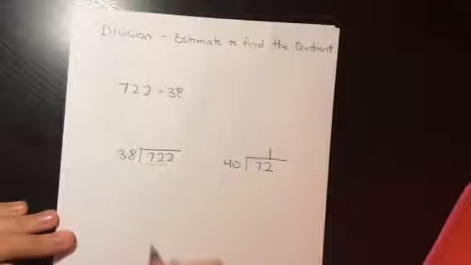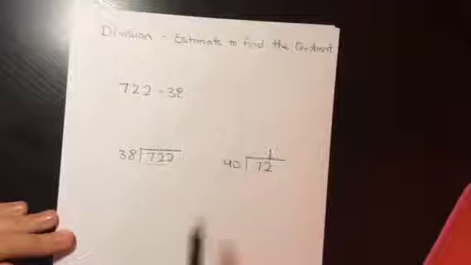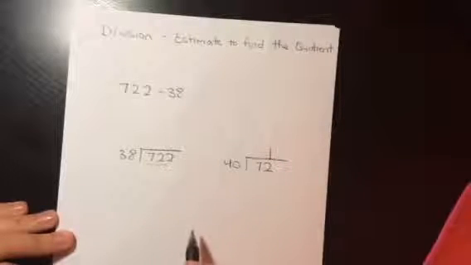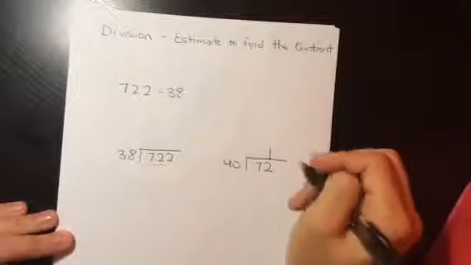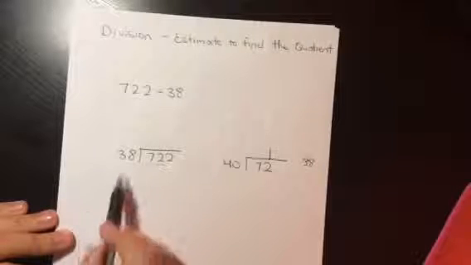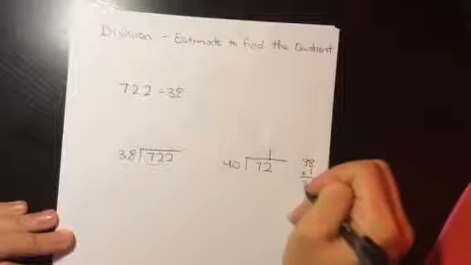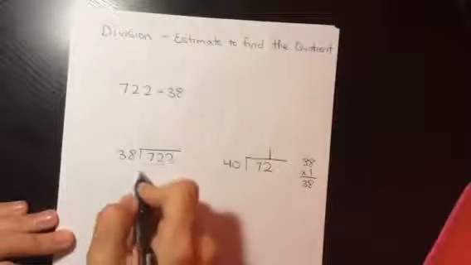That's too high. So I'm going to test this quotient, or this estimated answer, to see if it'll actually apply to our real answer. I do that by doing 38, which is our actual divisor, the number we're dividing by, times 1, which is 38.